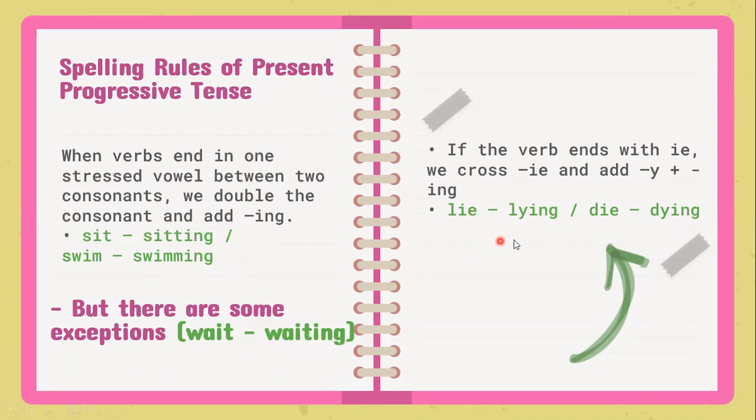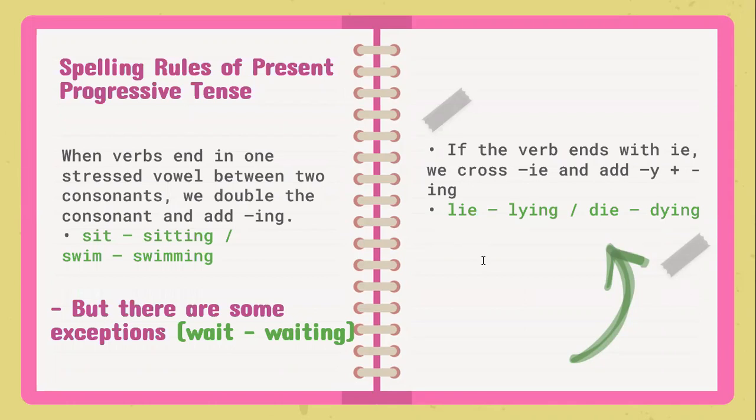Okay. Now another spelling rule: if the verb ends with ie, like lie, it ends with ie. When we want to add ing, we couldn't do it this way. I couldn't say lie plus ing and then give me lying. That's not correct. Okay, so I couldn't have that much, for example, three vowel letters consecutively.